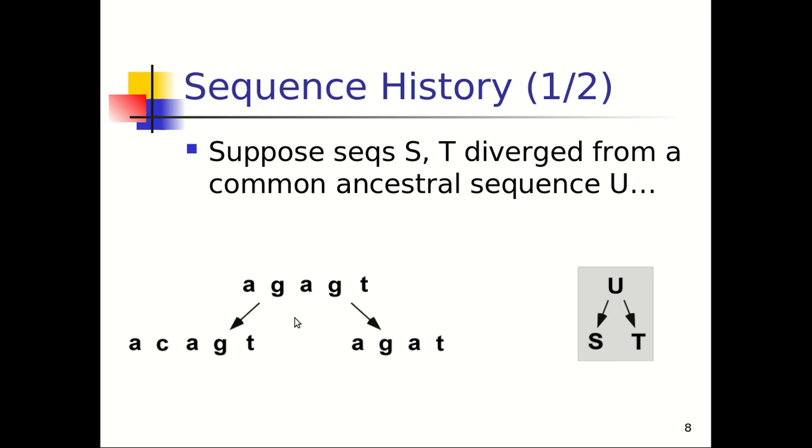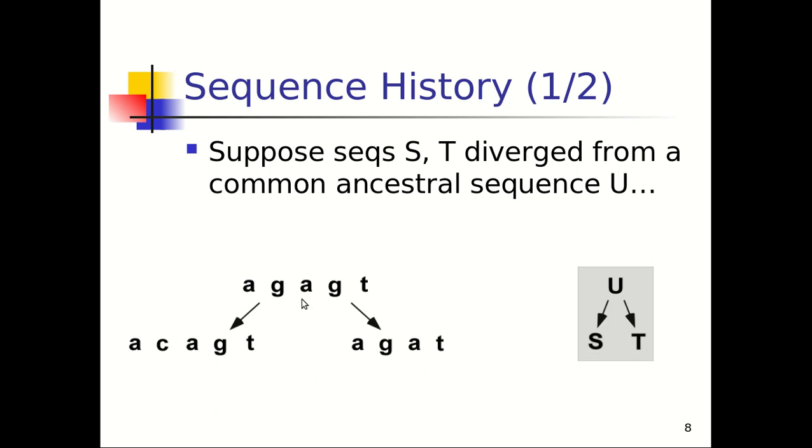Okay, next, here we have two sequences, S and T, and they diverged from a common ancestor U. So here we have a sequence that we've named U, and it diverged. It had some mutations, and so its descendants, this is the ancestor U, its descendants both had mutations in them, and we call it S and T here.